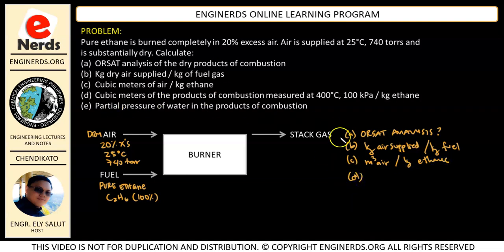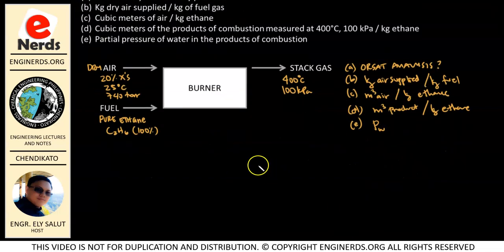For D, we need to get the cubic meters of the product at 400 degrees Celsius and 100 kilopascal, per kilogram of ethane. And then finally we need to get the partial pressure of water in the product of combustion. So we're going to solve all of this that is required for this problem.